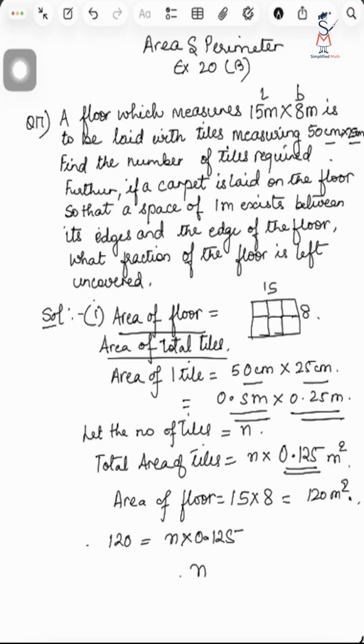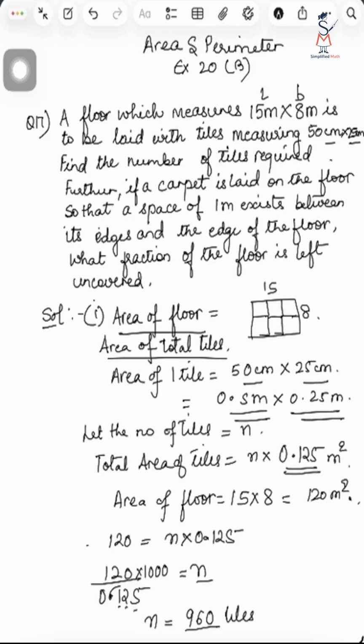So what is n? n is 120 divided by 0.125. Now when you remove this decimal, there are 3 places. So you multiply the upper quantity with 1000. So n is 120 into 1000 divided by 125. You will cut and all. So this will come as 960 tiles.